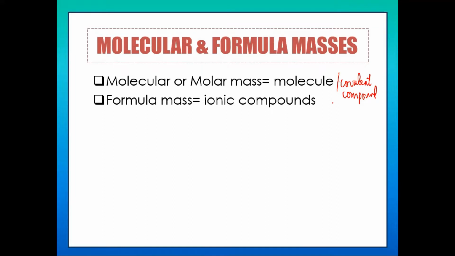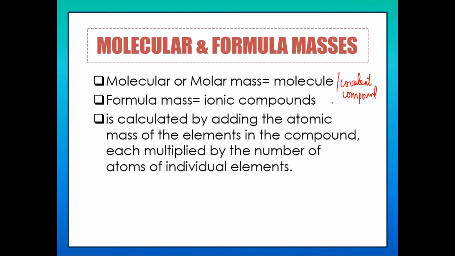In order for us to calculate that, we have to use this basic rule. Molecular and formula masses, we can compute by adding the atomic mass of the elements in the compound, each multiplied by the number of atoms of the individual elements. That's the reason why we need to use the periodic table of elements in order to properly apply this rule.